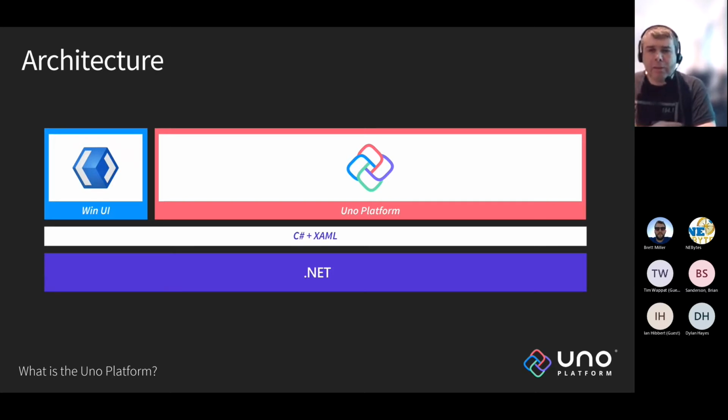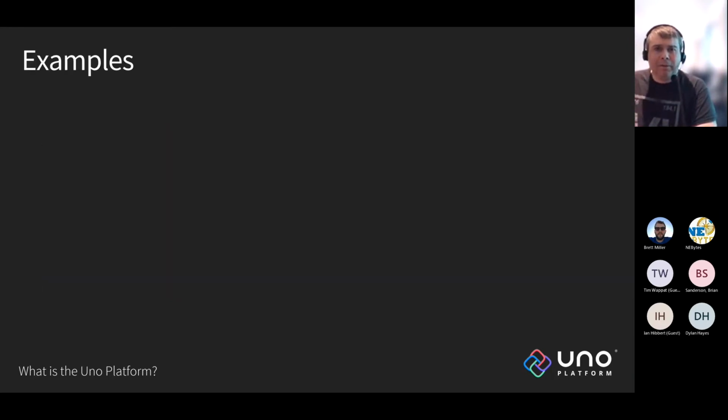That'll deliver a modern desktop application style with consistent styles and controls with the rest of Windows, so your applications will look seamless running on Windows 10 or Windows 11. But Uno platform allows you to extend the reach of WinUI. So you can still use WinUI, but you can target web browsers, like I mentioned, macOS, iOS, Android, and Linux, and even Windows 7 if you wanted to.